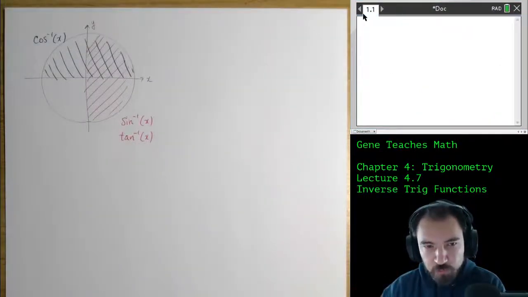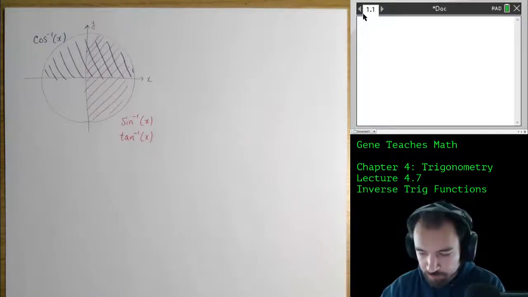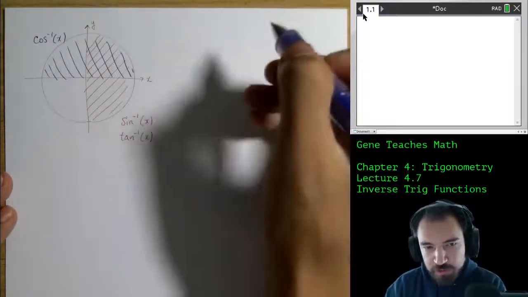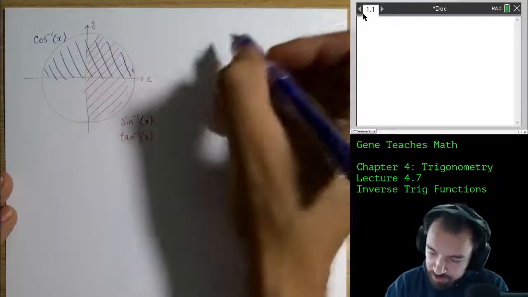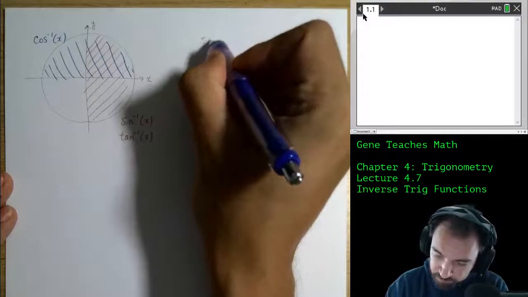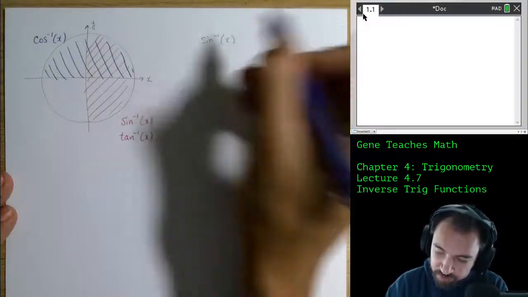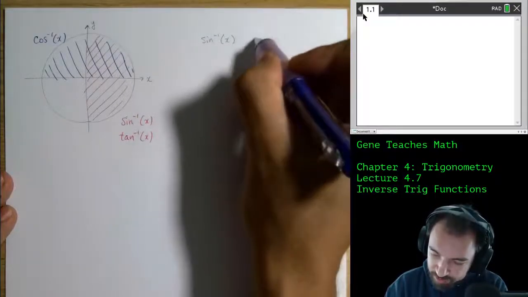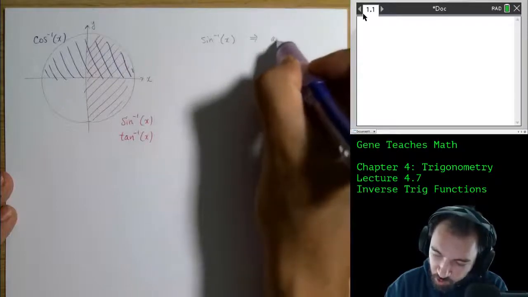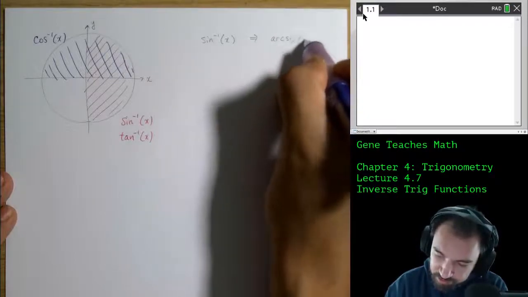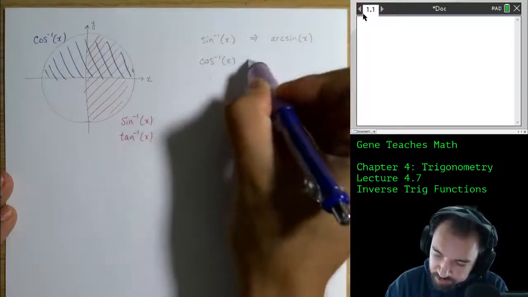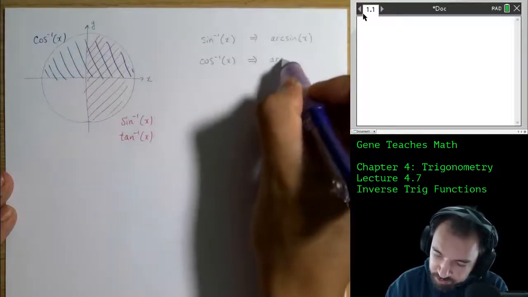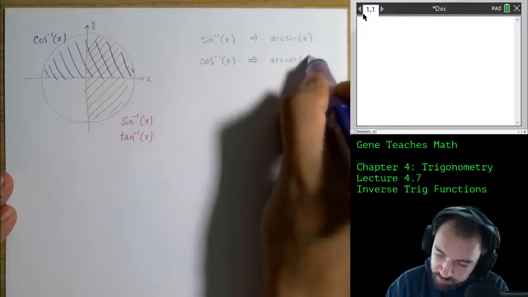Now, there's one more thing I need to tell you before we move forward. It turns out there are two different notations we use interchangeably for inverse trig functions, and they are the following. If I write sine inverse of x, this is the same thing as arc sine of x. And similarly, cosine inverse of x is the same thing as arc cosine of x.